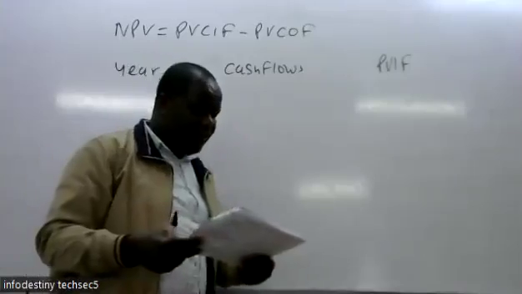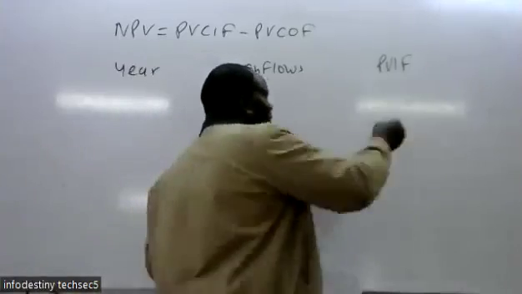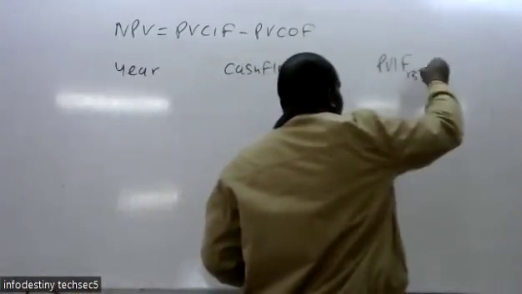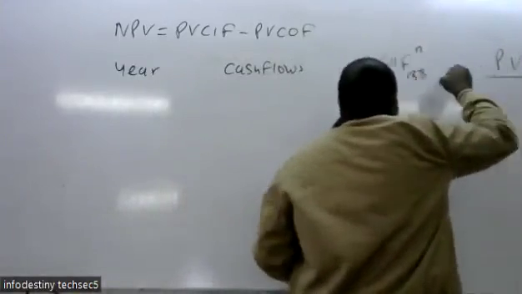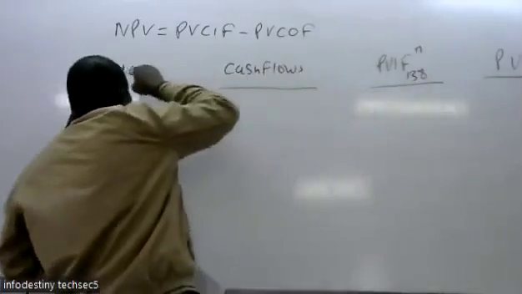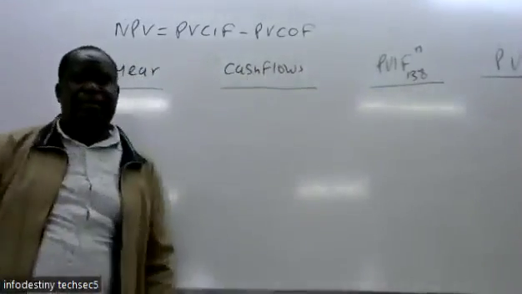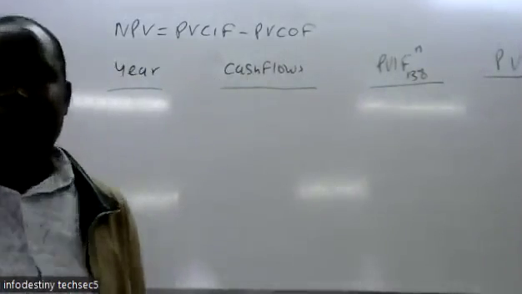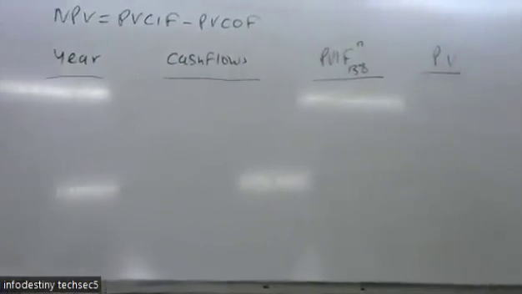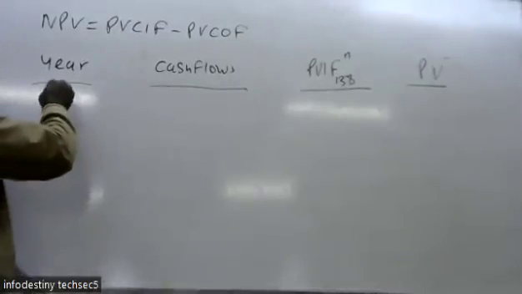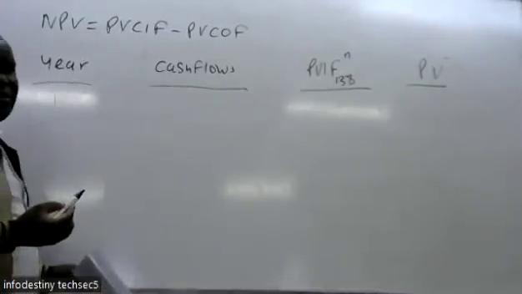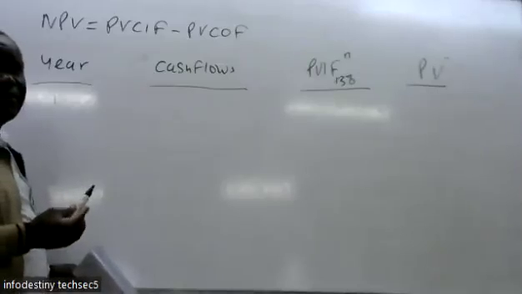The cost of capital is 13% for each year, so that we get the present value. So we go to year one, cash flows for year one.